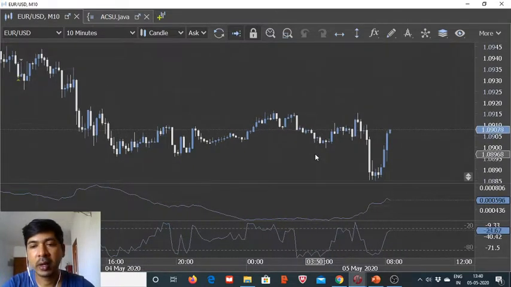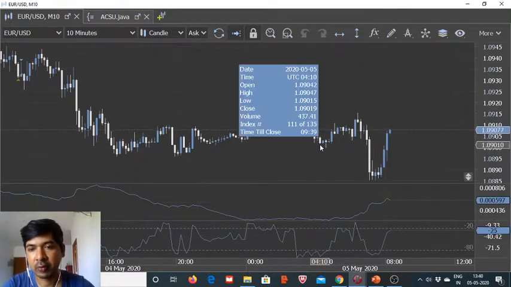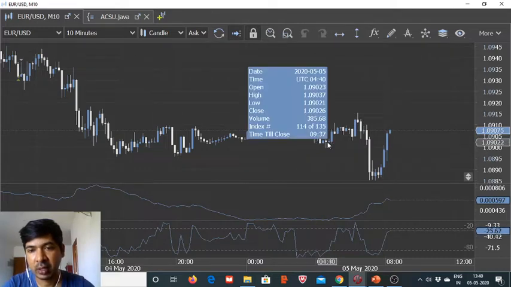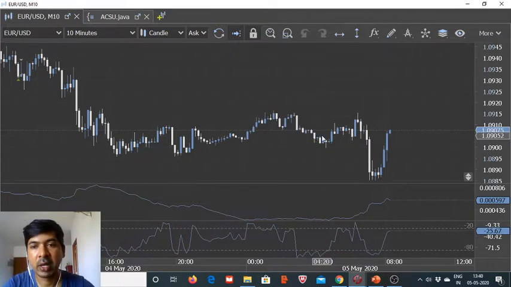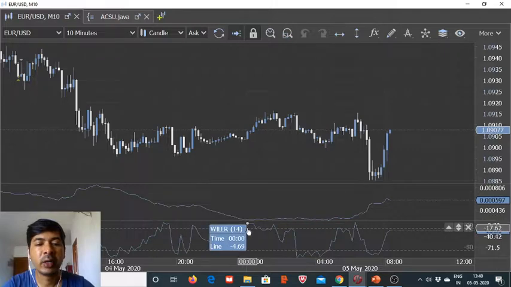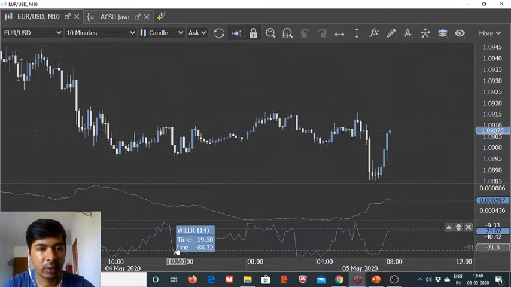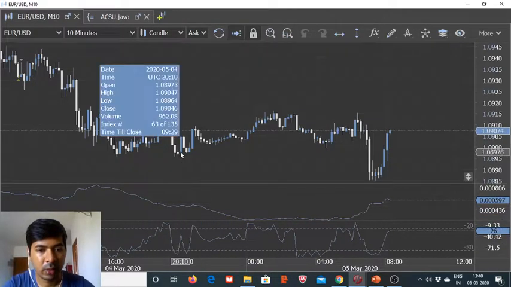Now for today's session, I would like to give you some example of where we might have gone in for a fresh trade. Here it doesn't really seem like we might have fulfilled the conditions. Maybe somewhere here it was 2010 GMT.